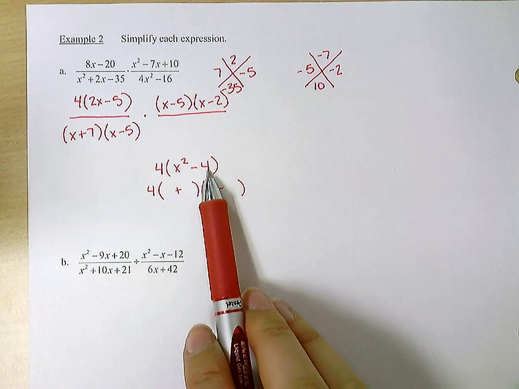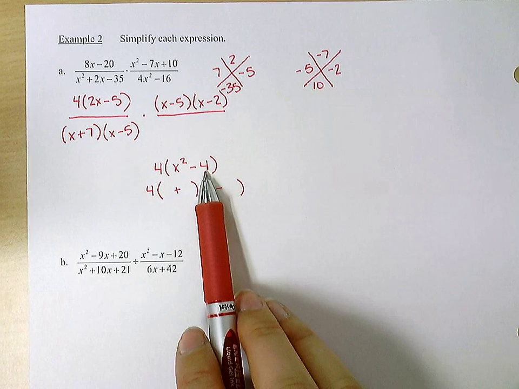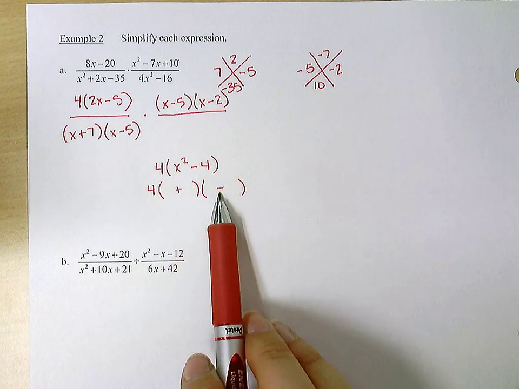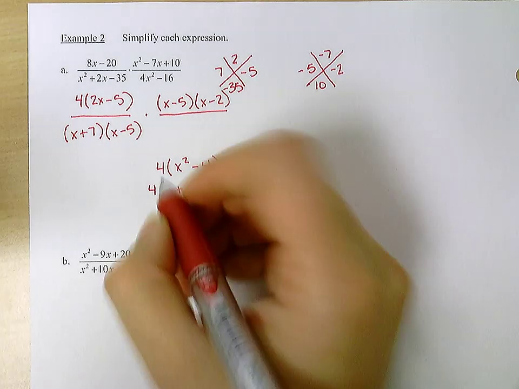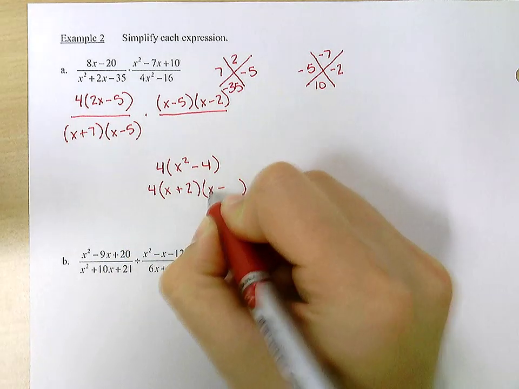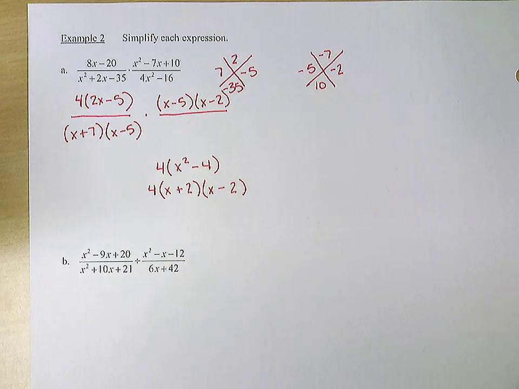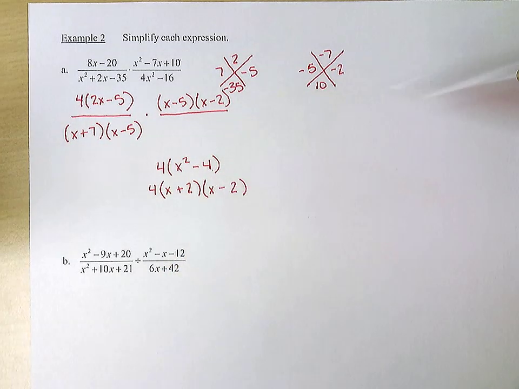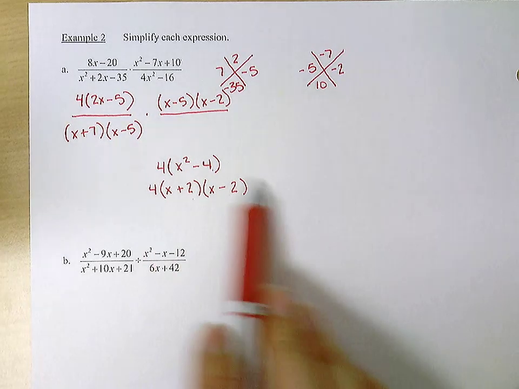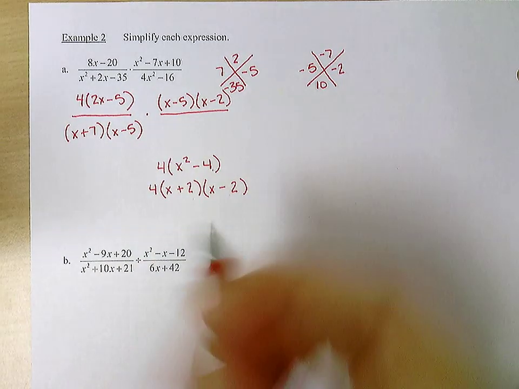Okay, so perfect squares, I can take the square root of both, and I have subtraction between, we split that into plus and minus. So this would be x plus 2 and x minus 2. And you do need to take the square root of each of those terms to find these here. So that's how I would factor that denominator.